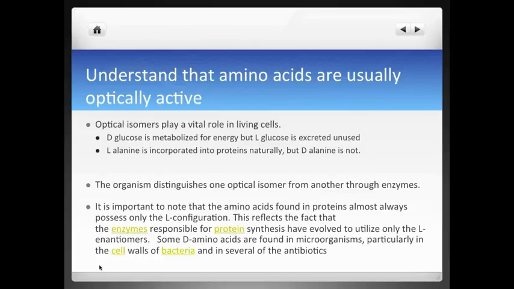Now there are some D amino acids, but they are found in lower life forms, microorganisms, and cell walls of bacteria. It seems as if the enzymes that we use to synthesize proteins have evolved to primarily use only the L type of optically active isomer.